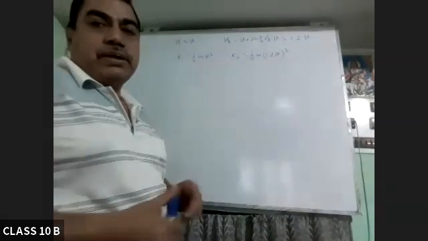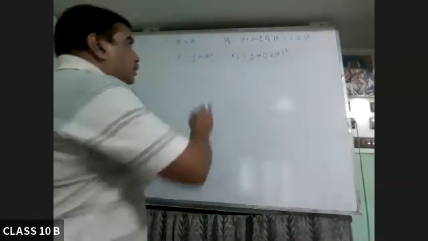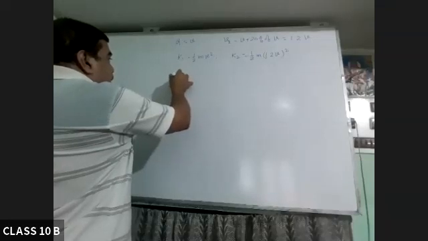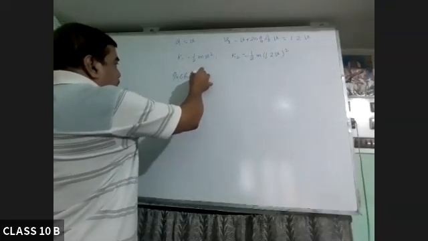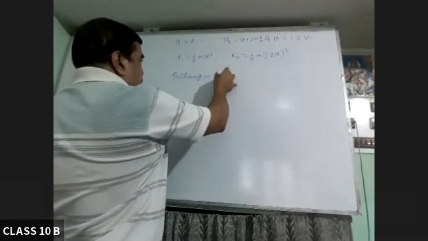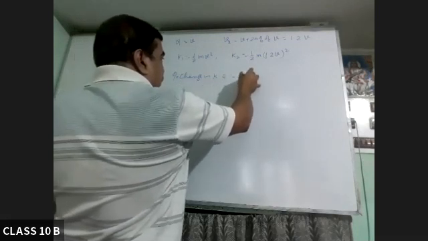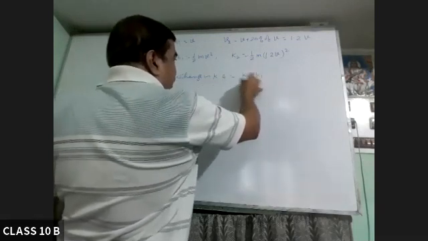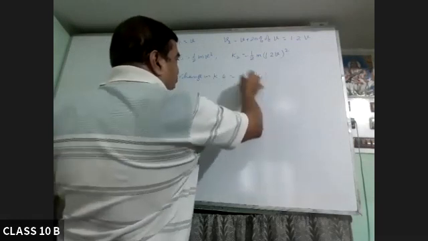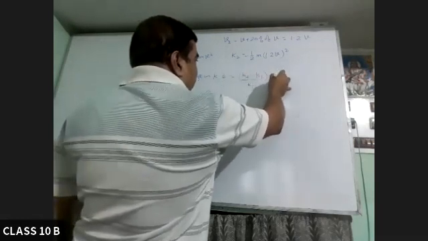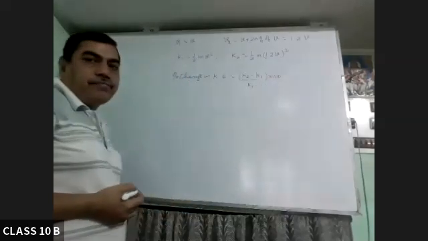So mass will remain same, velocity will only change. Now percentage change in kinetic energy: K2 minus K1 over K1 into 100, change by original into 100.